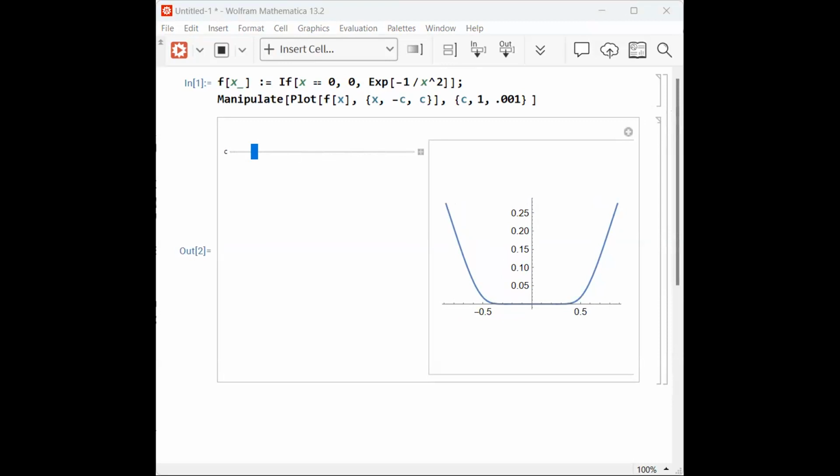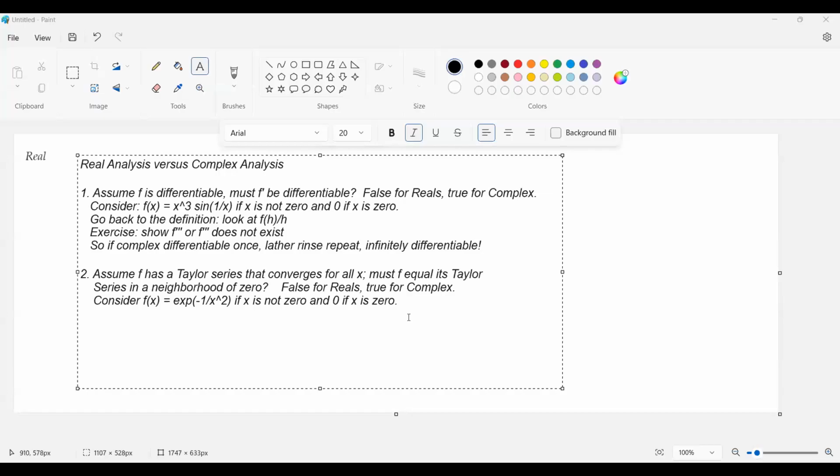And so going back to the text, this is a function. So, a nice exercise: show the nth derivative of this function at 0 is always equal to 0. So the Taylor series is identically 0, but f is not the 0 function.